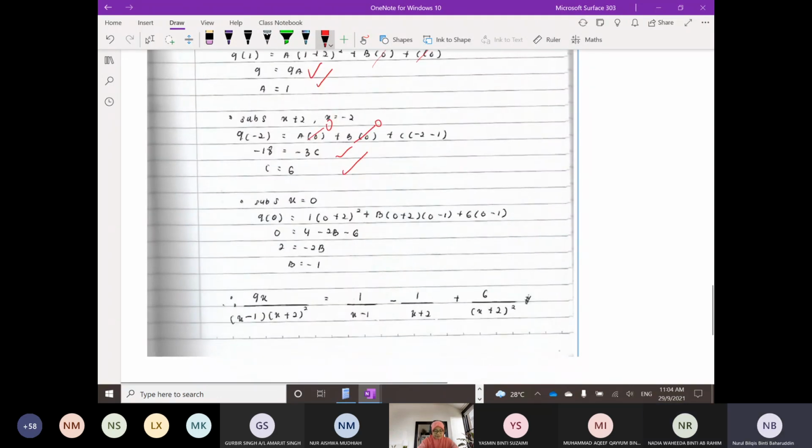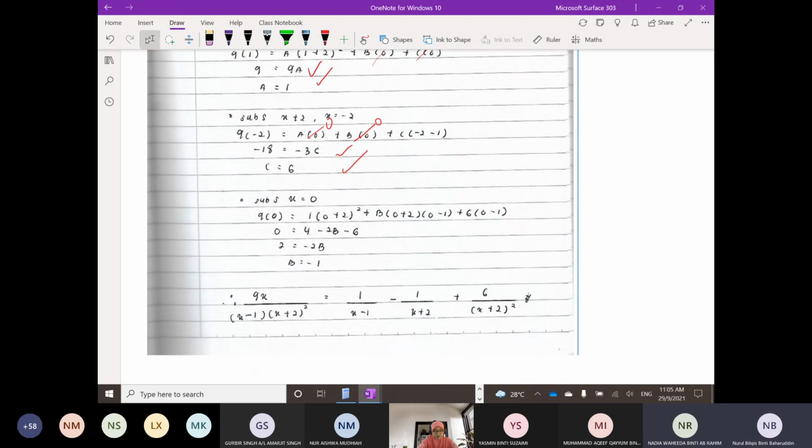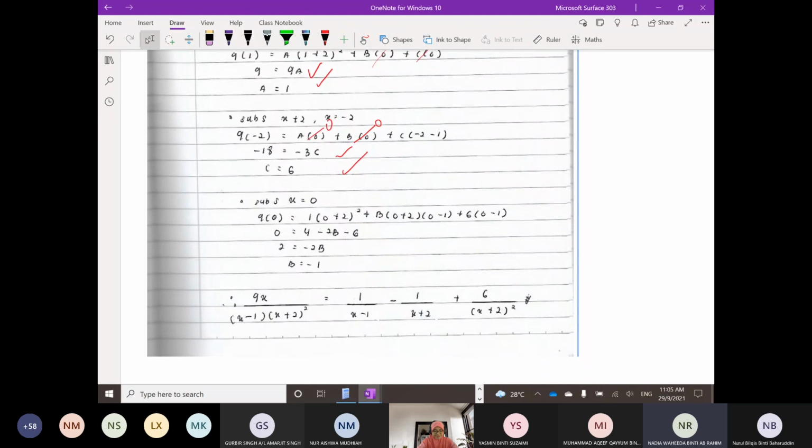Okay, Nadia. When x equals to 0, what happened? Kalau x equals to 0, nanti yang nilai kat depan tu jadi kosong lah. Betul.